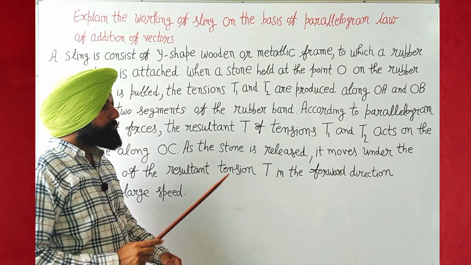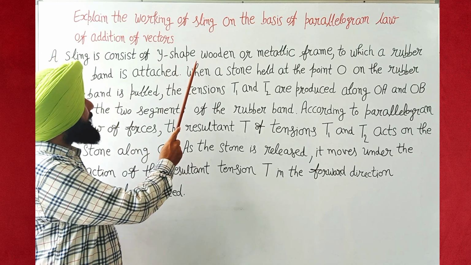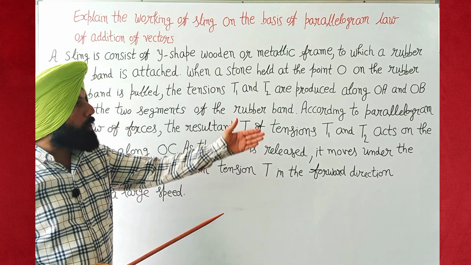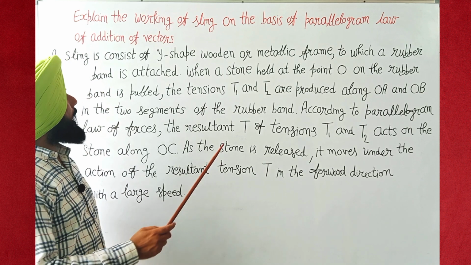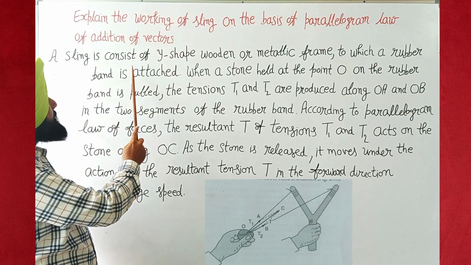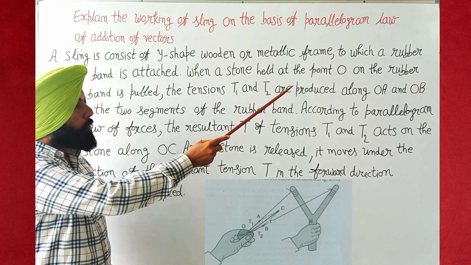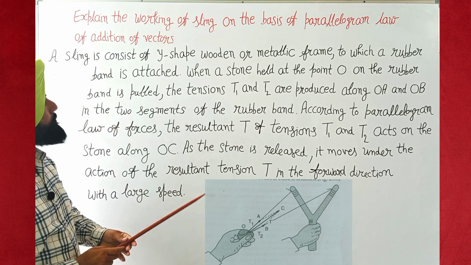So students, a sling consists of a Y-shaped wooden or metallic frame. You are looking at the screen. We know very well that a sling consists of a Y-shaped wooden or metallic frame to which a rubber band is attached.